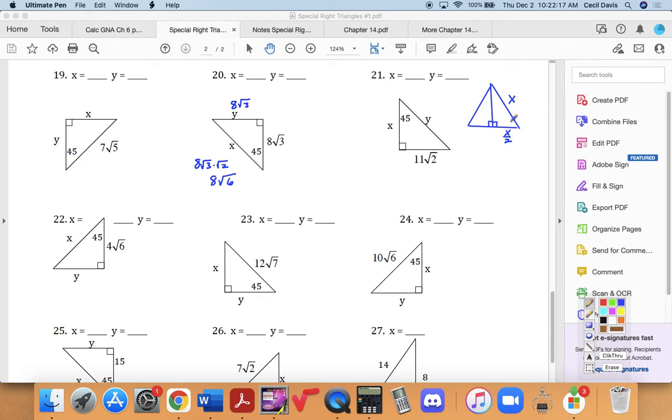I'm like, oh, so in a 30, 60, 90 triangle, the hypotenuse is twice the short leg. That helps me personally. I don't know if that helps you or not, but that's how I remember it. If I ever get stuck, I go back to a 30, 60, 90 triangle and split it in half.